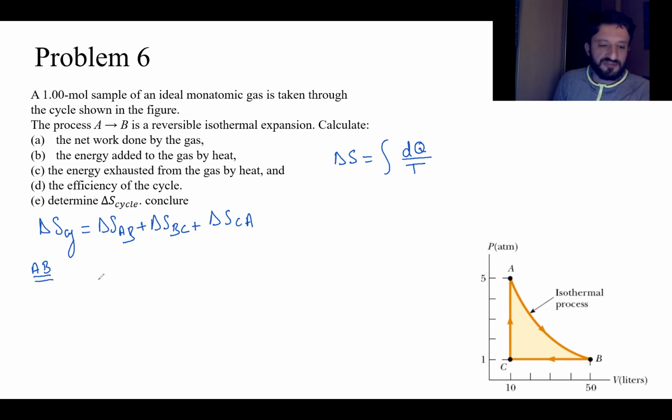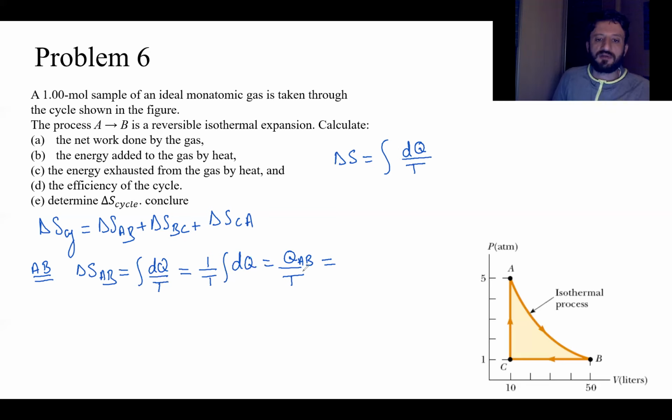AB is isothermal, so delta S AB, where T is constant, equals the integral of dq divided by T. As T is constant, we can put it outside, so we get 1 over T times the integral of dq. The integral of dq equals Q, so we get Q divided by T. We are talking about AB, so we have QAB divided by TA or TB.